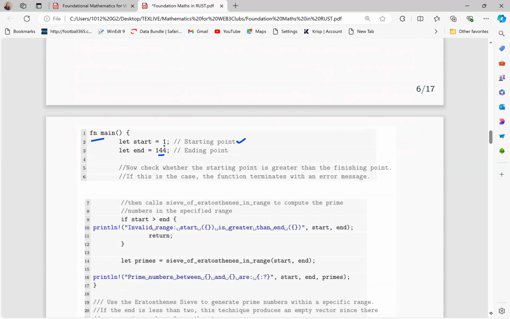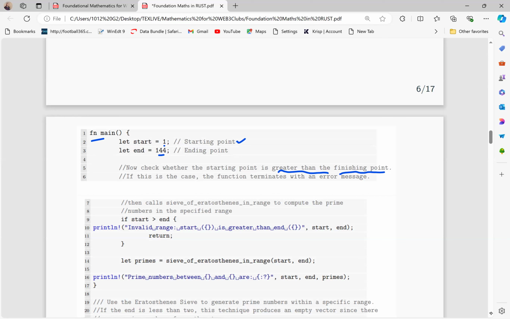I call it 144, for instance, although we will do it with bigger numbers. The first thing the algorithm will do is check whether the starting point is greater than the finishing point.